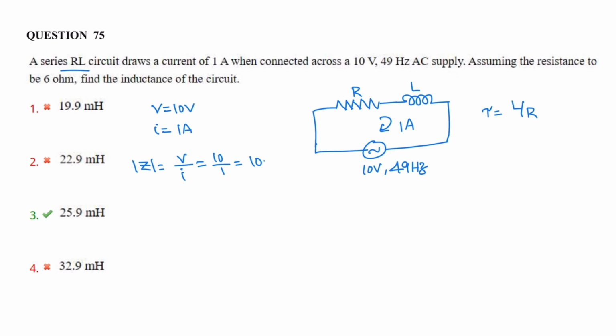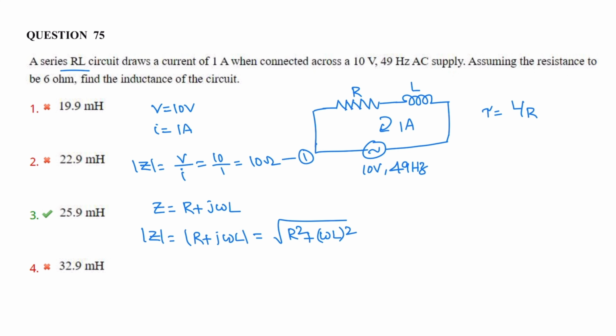For a series RL circuit, Z is equal to R plus j omega L. So mod Z is the square root of R square plus omega L whole square. Given resistance is 6 ohms, substituting 10 here: square root of 6 square plus, with omega equal to 2 pi into frequency 49, into L, whole square.